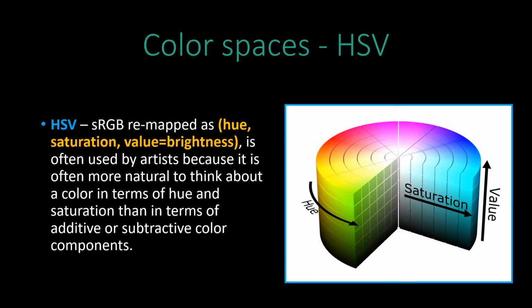LAB is one of those systems. There are other ones. There is one called HSV, which tries to have more reasonable dimensions, so that the letters mean something. It's an sRGB system remapped as hue, saturation, and value, and the value is basically brightness.